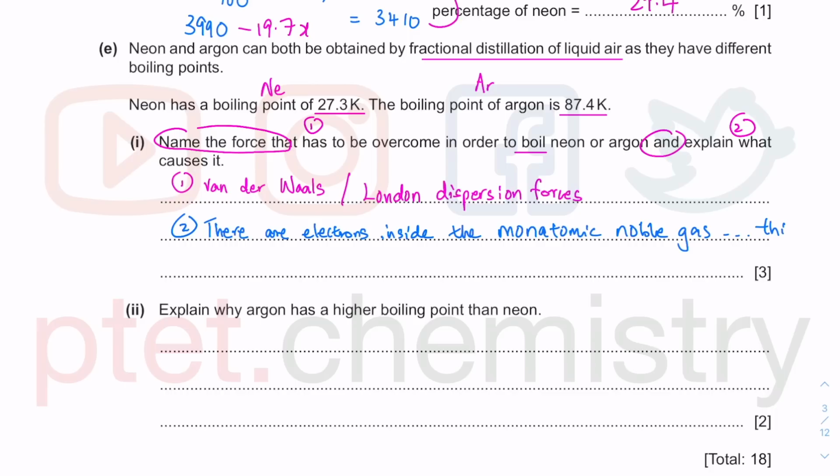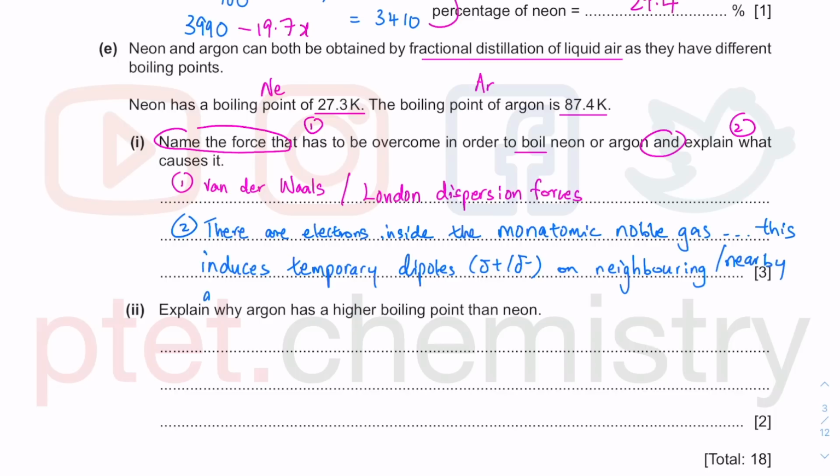And then this induces temporary dipoles, those delta plus and delta minus, on the neighboring or nearby atoms, and hence the temporary dipole name, which is also known as London dispersion forces or van der Waals forces, which arises as a result of electrons inside the atom.